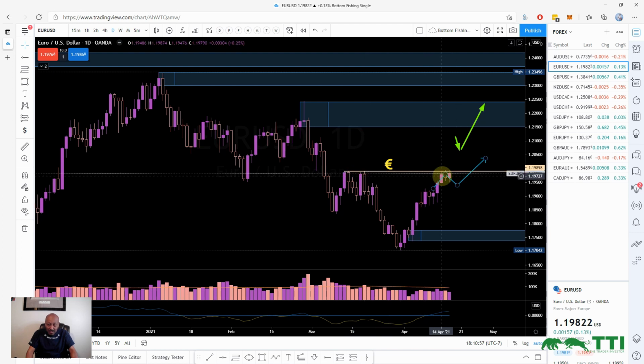We've tested this multiple times, so I want to see some clearing of this liquidity so that we can safely enter a position. By clearing, I mean there will be a bullish entry here.